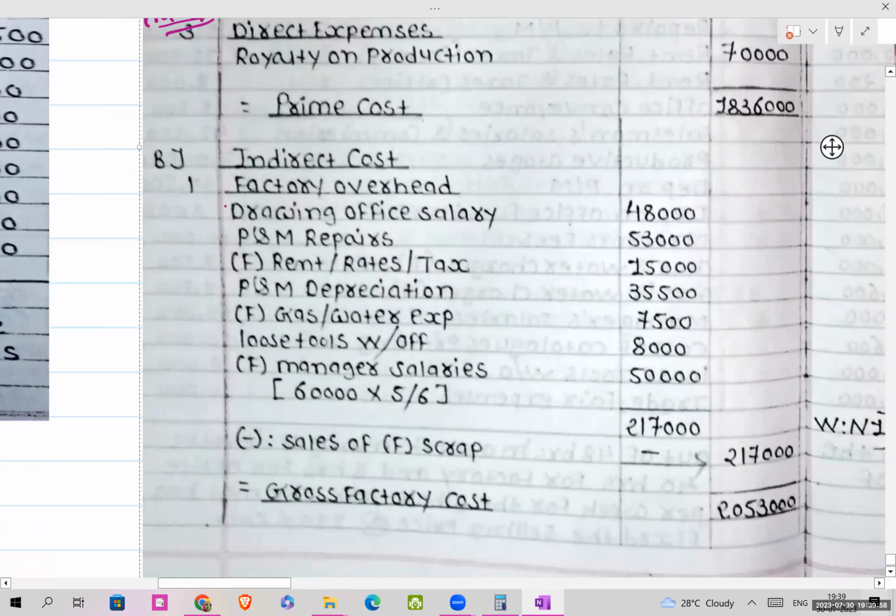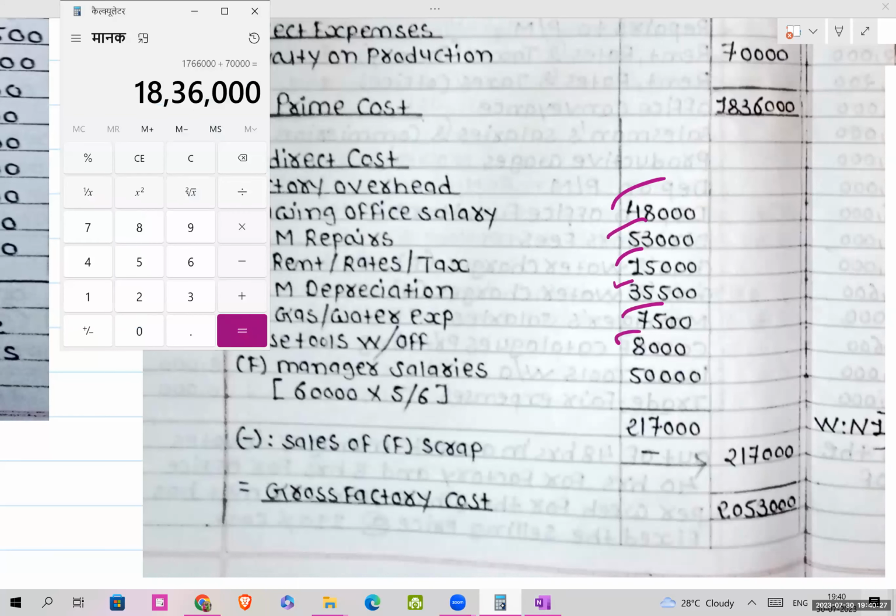You have drawings, 48,000, plant and machinery, 53,000, factory and plant and machinery, 15,000 and 35,500, gas water charges, loose tools written off. Okay. Then वो manager salary, उसको हमें bifurcate करना है, right? In the ratio 40:8, that is 5:1. Yeah.